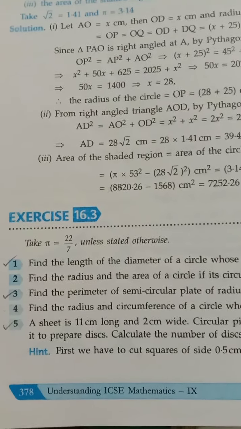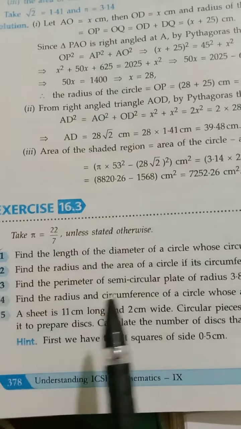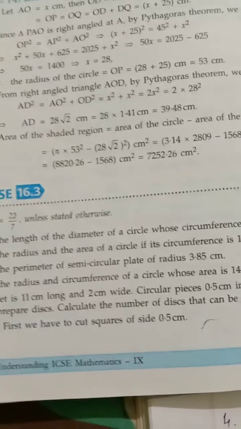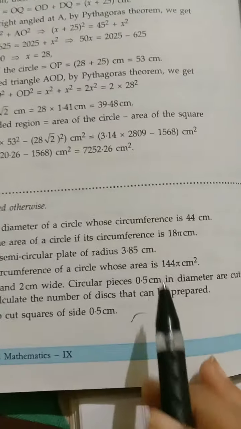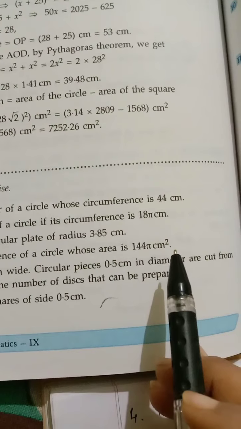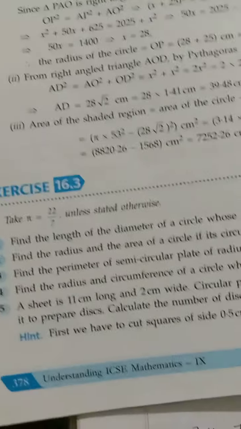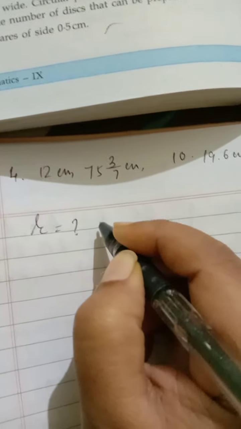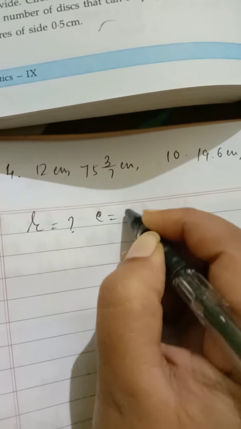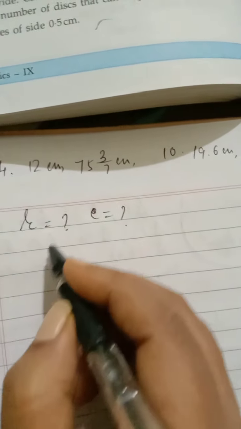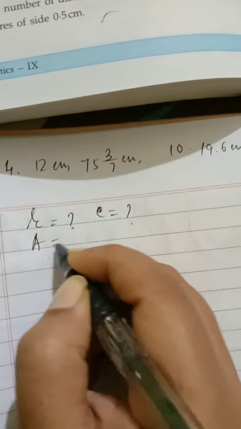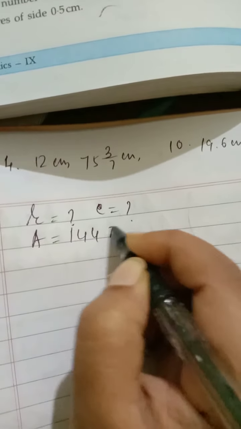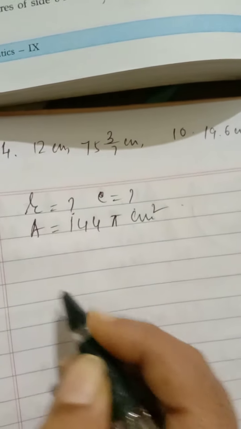Now question number 4 is, find the radius and circumference of a circle whose area is 144 pi centimeter square. So what we have to find? Here we have to find out the radius and circumference of the circle whose area is given, 144 pi centimeter square.